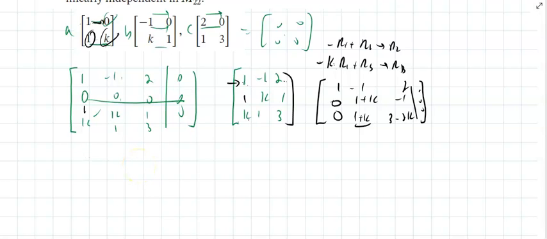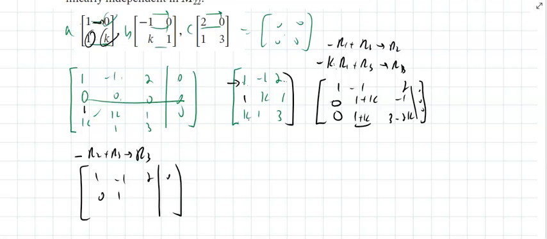Okay, so if I take negative row 2 plus row 3, put the result in row 3. Negative, negative, that's a 0.